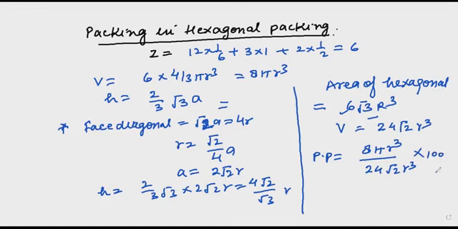This is coming to 74%. It means void, beta, is 26%. In this way we find out the packing percentage and packing efficiency of the different ones.